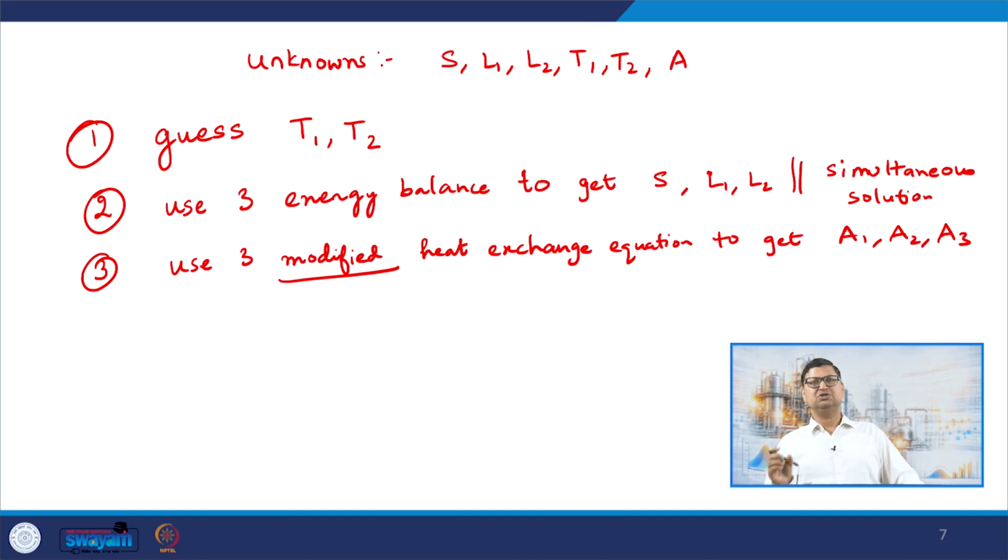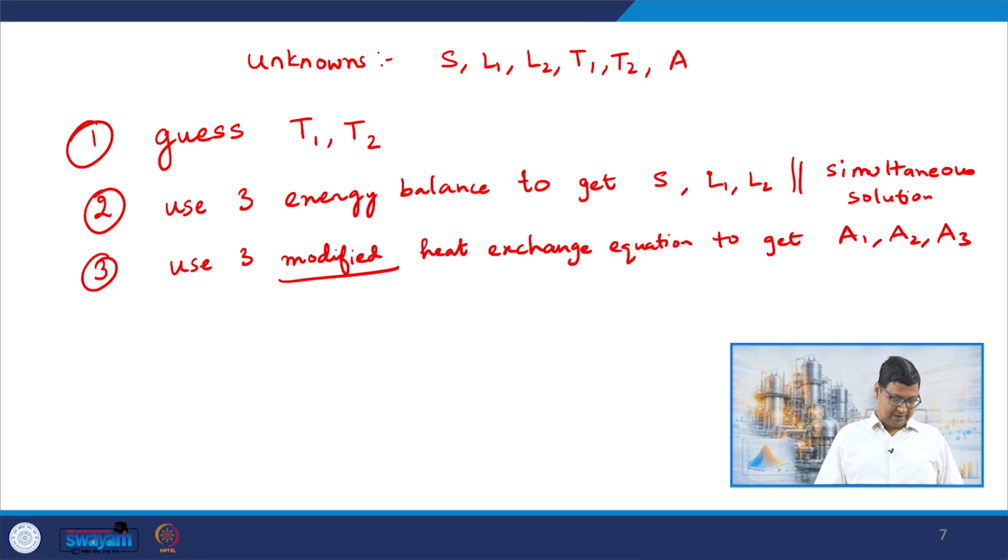Now I want to use these areas somehow to update my temperature values. That is the key part, because if I can do that, in order that we can approach A1 equal to A2 equal to A3, that is my final solution that will give me the correct value of temperatures, right?